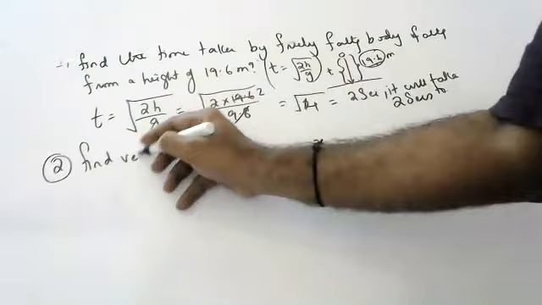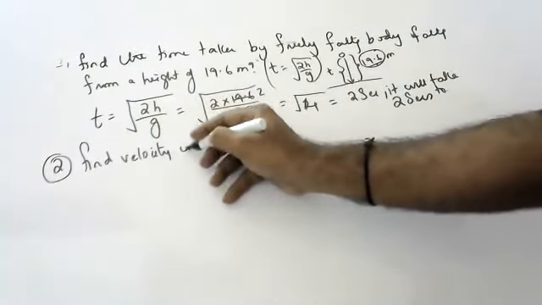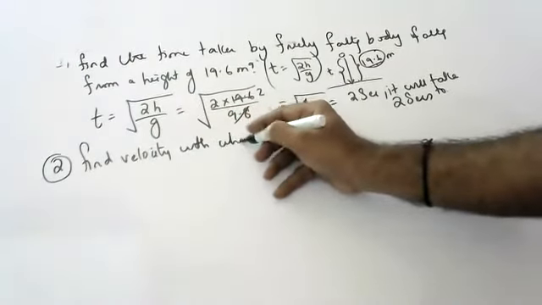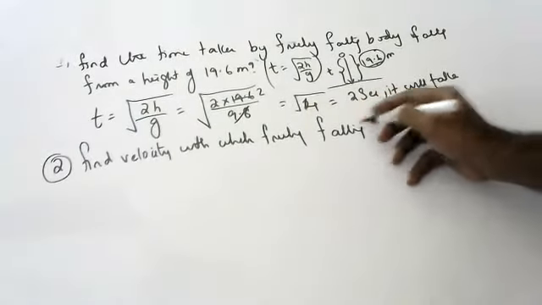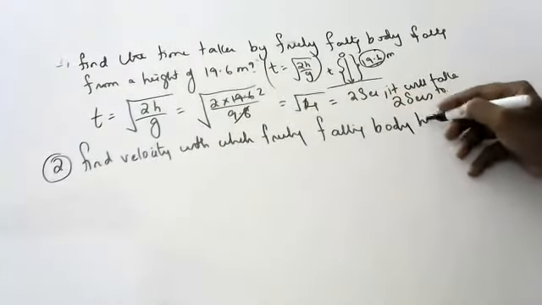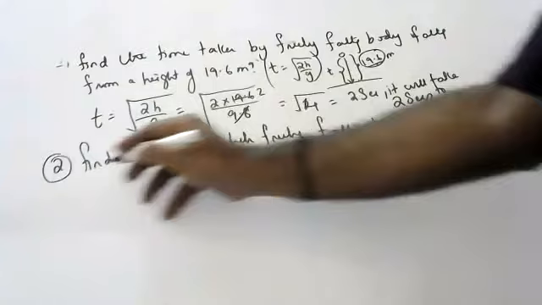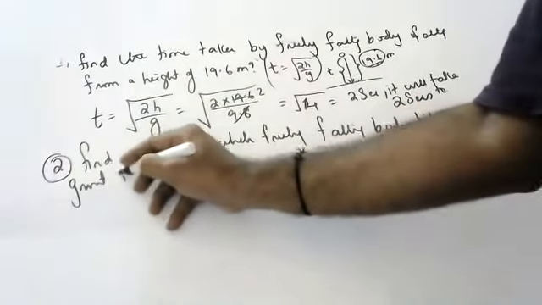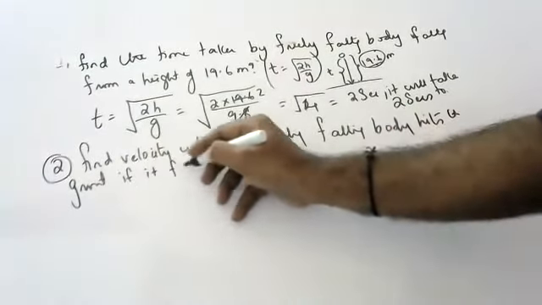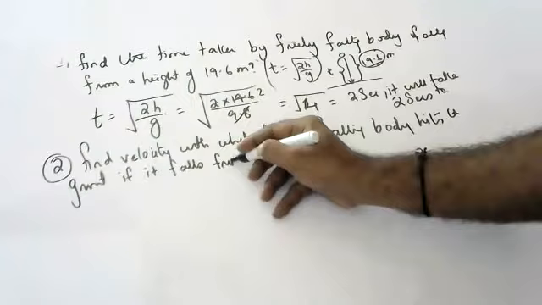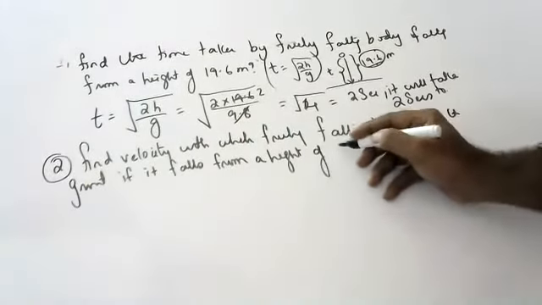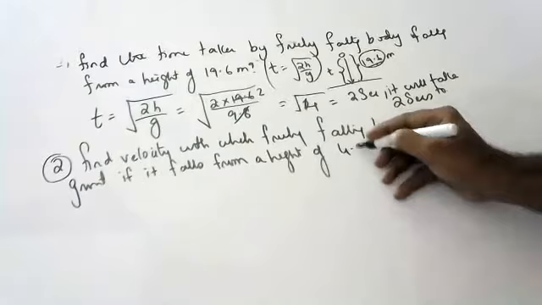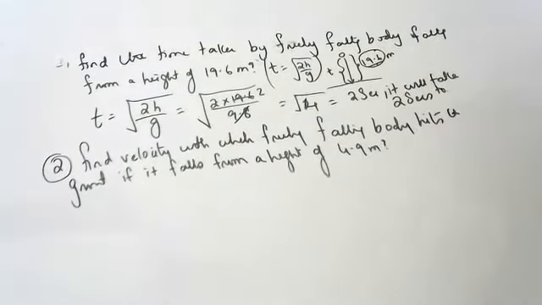Find the velocity with which a freely falling body hits the ground if it falls from a height of 4.9 meters.